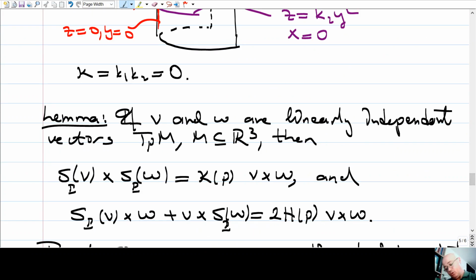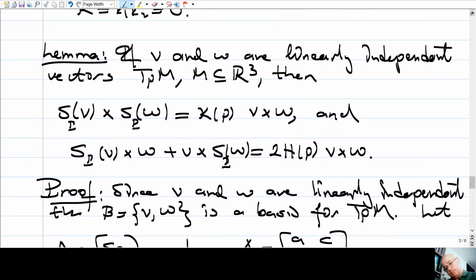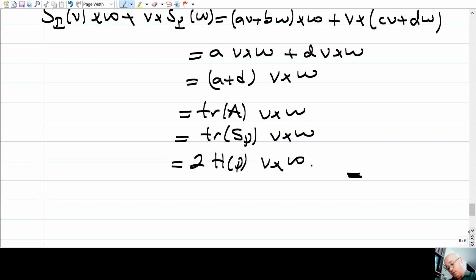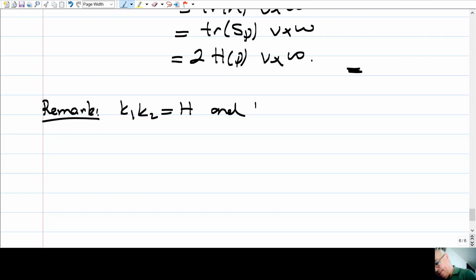Let us see the lemma one more time. Okay, a technical result. Just a remark. You see, the principal curvatures satisfy this, so their product is K, and their sum is just 2H.